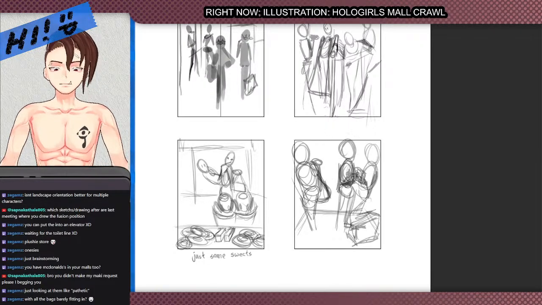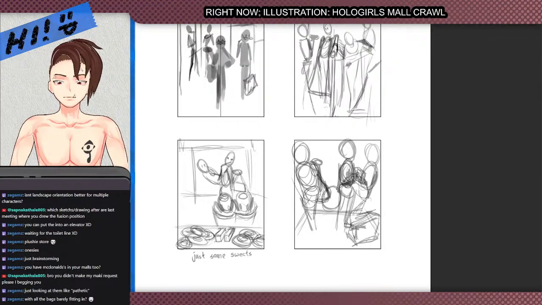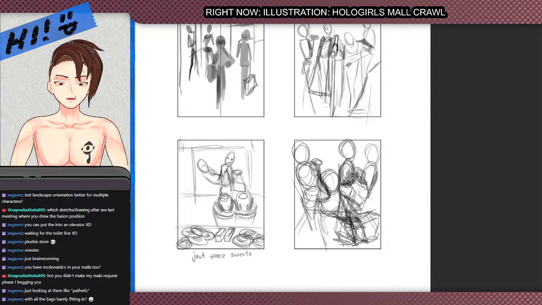And Ollie, let's say, standing here with a bag on a bag, this kind of thing. So she's going to have a crap load of bags in here.